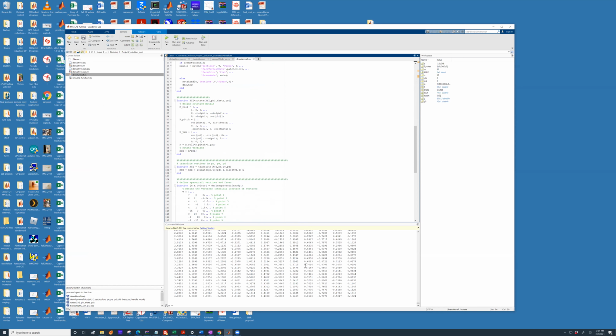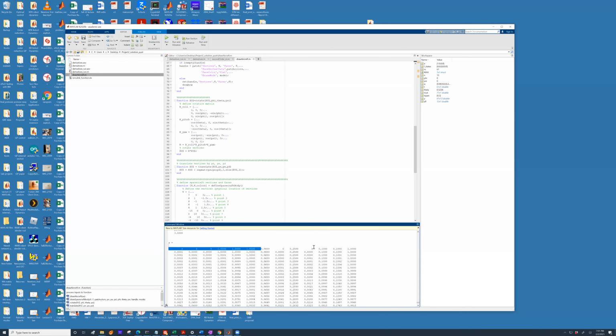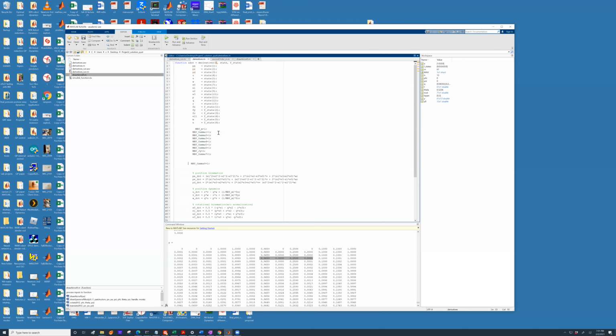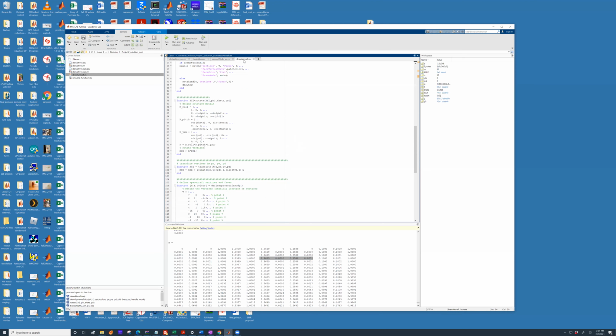Please note, we have that data. 1, 2, 3, 4, 5, 6, 7. This is the quaternion. I would take these values of quaternion and construct the rotation matrix that is given here. And then I can perform the same animation.